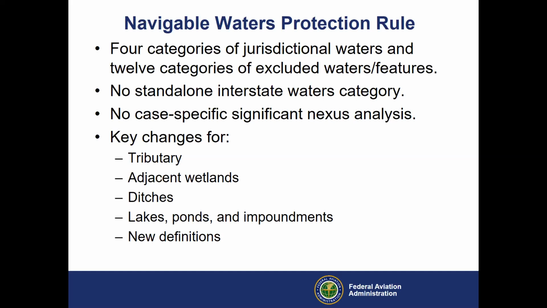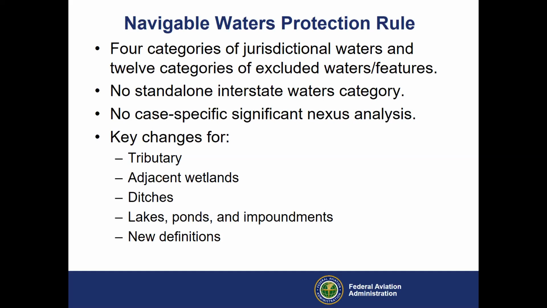The rule emphasizes navigable waters based on its title, and basically divides waters of the U.S. into 4 groups: territorial seas and traditional navigable waters, perennial and intermittent tributaries, certain lakes, ponds, impoundments, and wetlands adjacent to jurisdictional waters. Again, you can read this rule online.